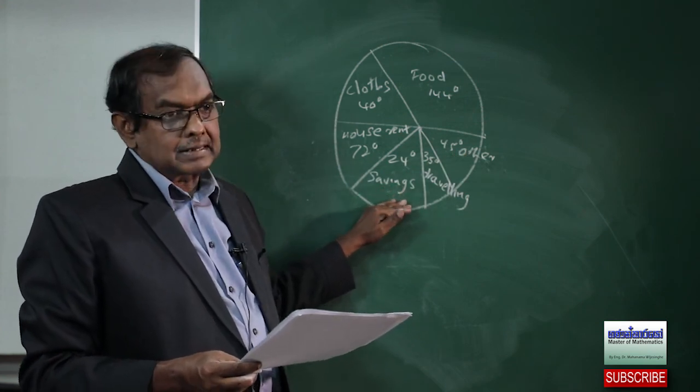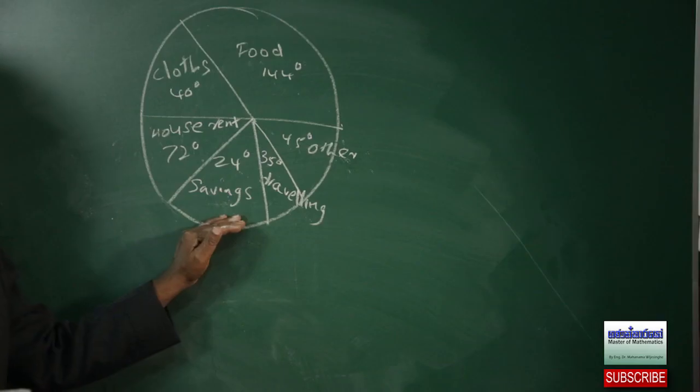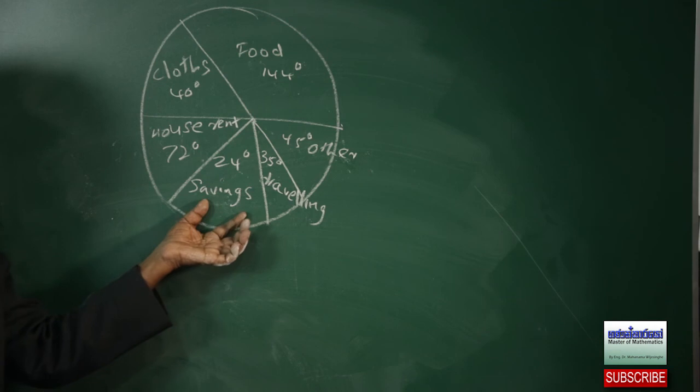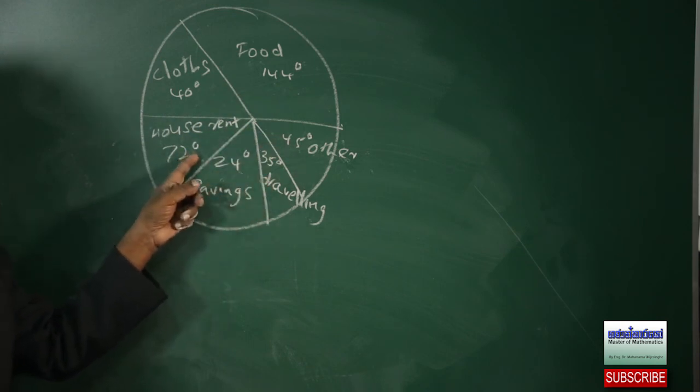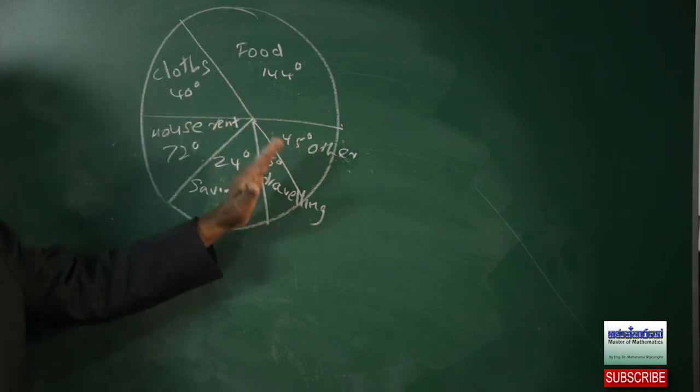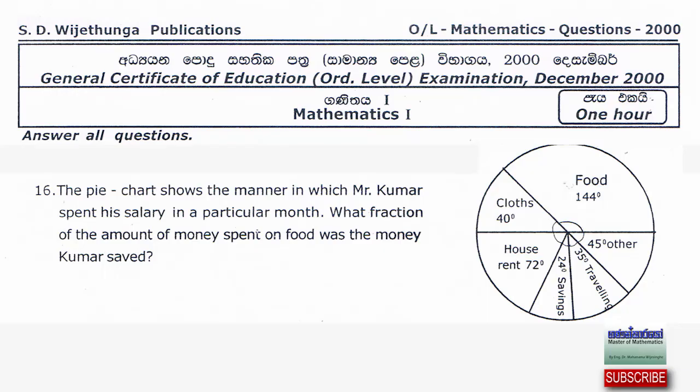Here the expenses are not mentioned in rupees, but with degrees. Therefore, with those degrees, we can get the ratio directly.